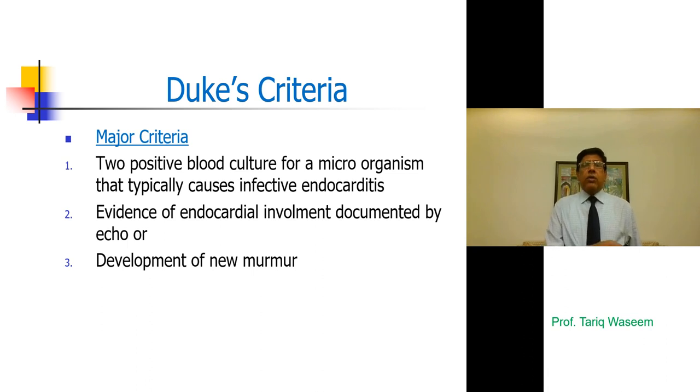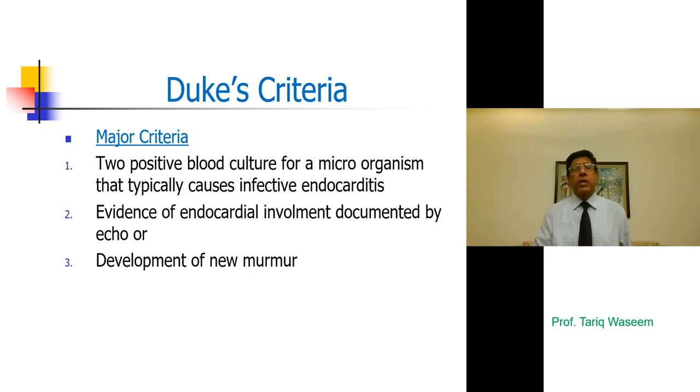To diagnose endocarditis, you have to have certain criteria, which are called Duke's criteria. Like we have Jones criteria for rheumatic fever, Duke's criteria again has major criteria and minor criteria.